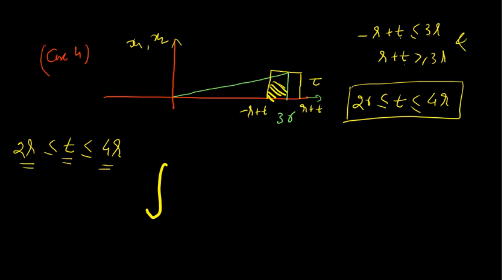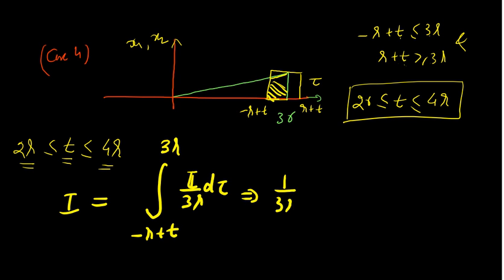So this is the line where both of them are non-zero. You can write minus r plus t to 3r, because in this domain x1 is 1 and x2 is this line, right? So if you integrate it again, you will find this, and I leave this for you to solve.